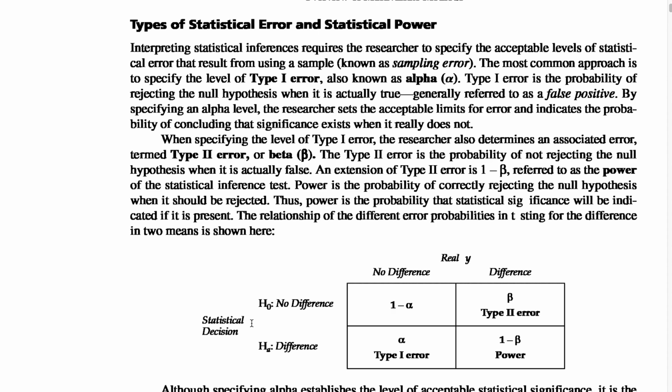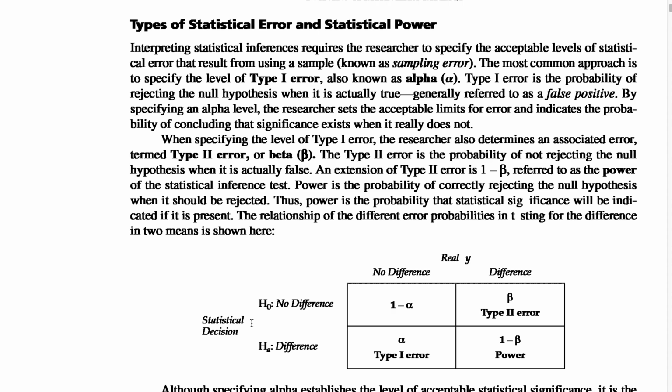When specifying the level of type 1 error, the researcher also determines an associated error, type 2 error. We call it beta error. The type 2 error is the probability of not rejecting the null hypothesis when it is actually false, and an extension of the type 2 error is 1 minus beta, referred to as the power of the statistical inference test.